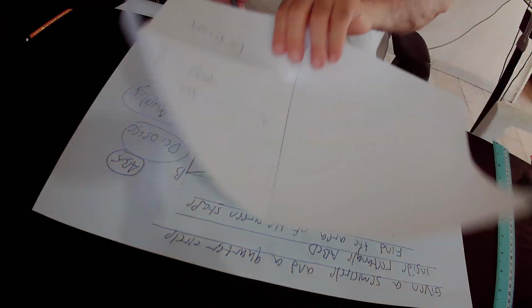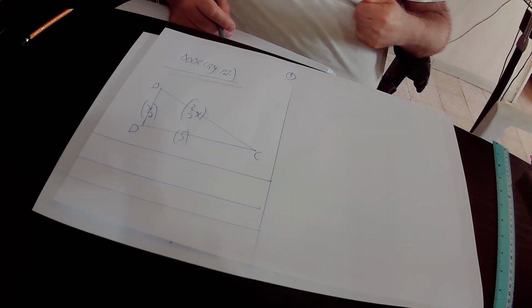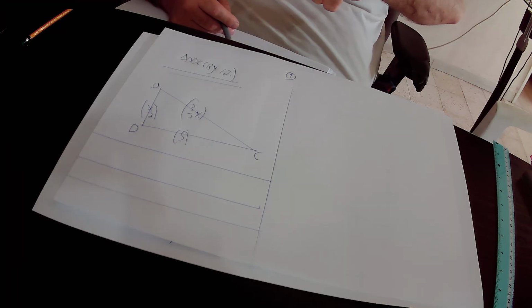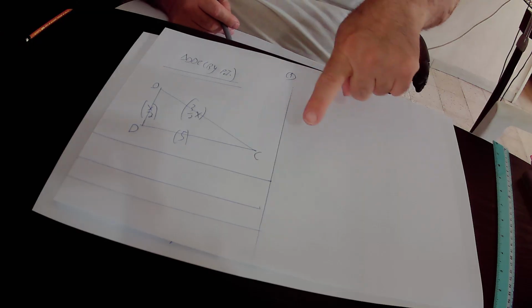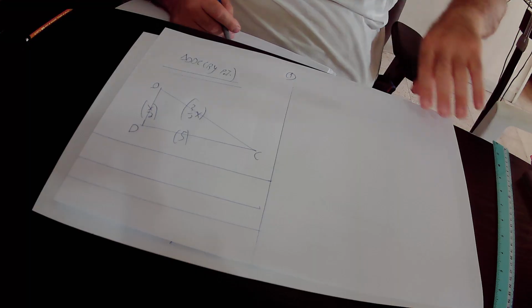Actually, this is the right triangle ODC that I copied from the original drawing. According to the Pythagoras theorem, in this right triangle ODC, OC squared, that is the square of the hypotenuse, equals OD squared plus DC squared.